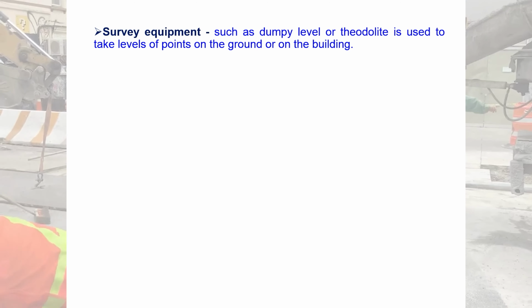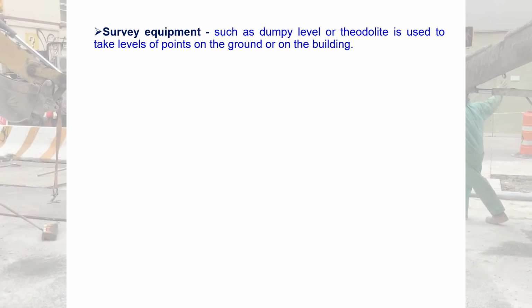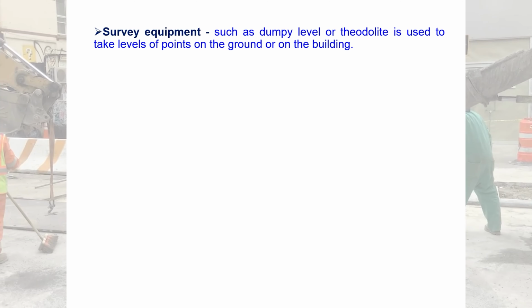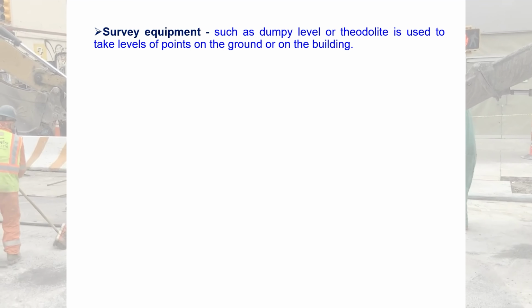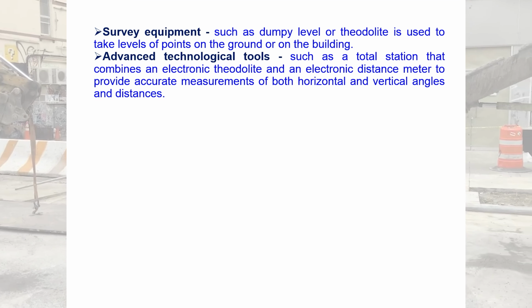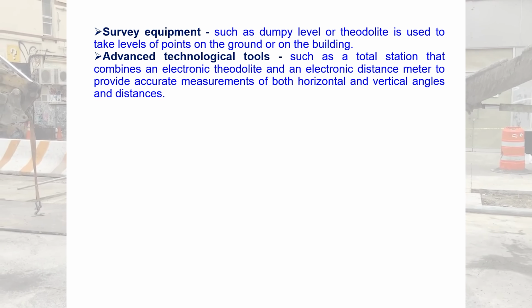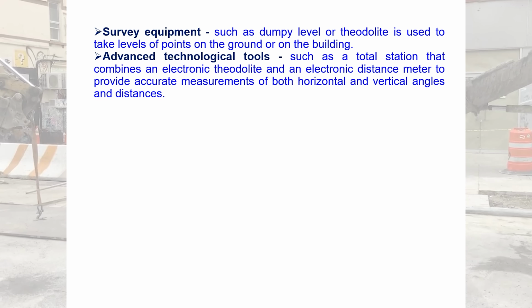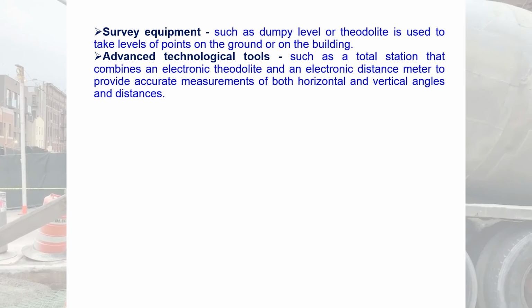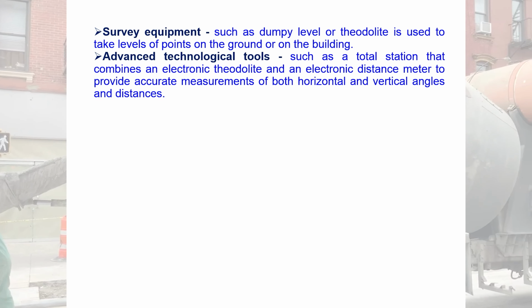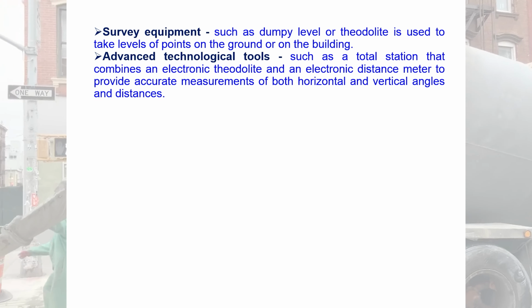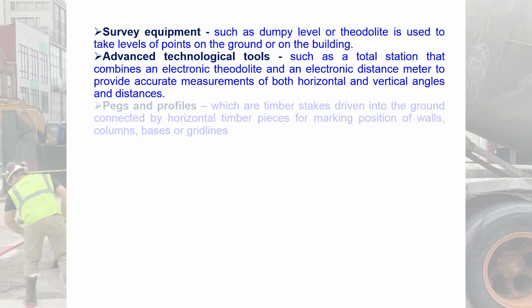Survey equipment such as dumpy level or theodolite is used to take levels of points on the ground or on the building. Advanced technological tools such as a total station that combines an electronic theodolite and an electronic distance meter provide accurate measurements of both horizontal and vertical angles and distances.